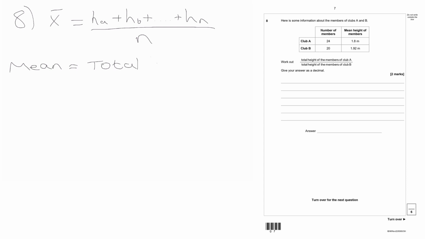So if we think about what we're talking about when we talk about the mean height, let's call it X bar. This is the mean height of a group. It's represented by the height of each member. So let's call this height of person A plus the height of person B plus, and so on, to the height of person N, where N is the number of people in our group, and we divide this by N. Another way we can write this is mean equals total height over number of people.